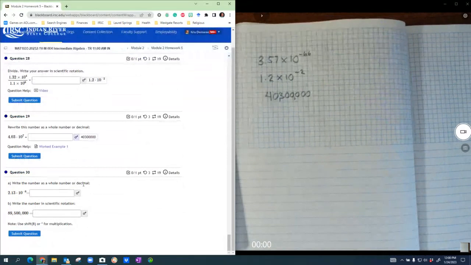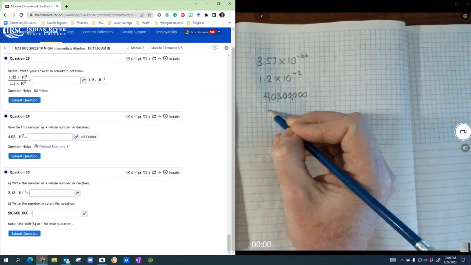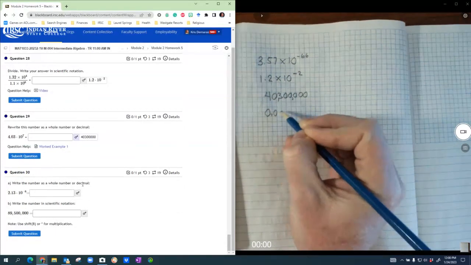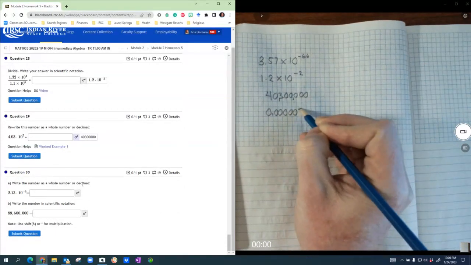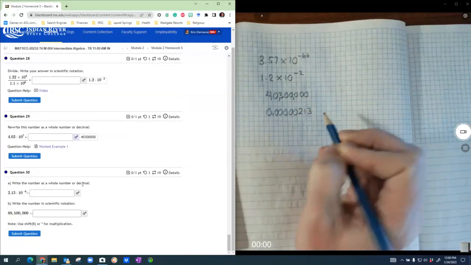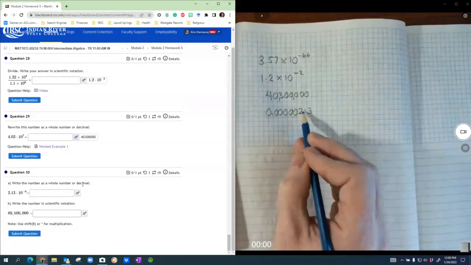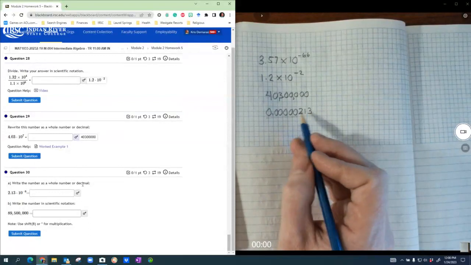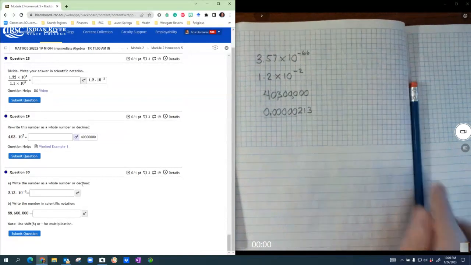Now, write the number as a whole number decimal. We're moving it to the left that many units, so it's going to be 6 zeros. 1, 2, 3, 4, 5, 6, and then 2, 13. So the number of zeros is what's in the exponential power, but you have to have a decimal between the first and the second one.